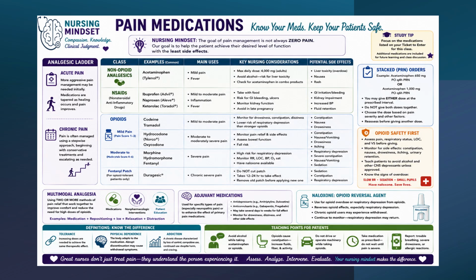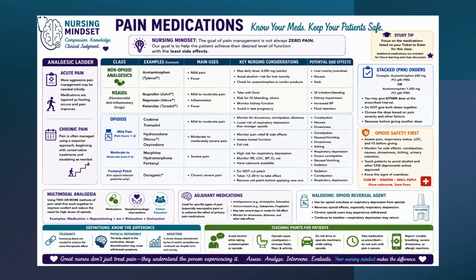Okay, so I do want you to know the difference. Students often confuse 3 important terms, so let's quickly review these terms. Tolerance means that over time, the patient requires a higher dose of medication to achieve the same therapeutic effect.